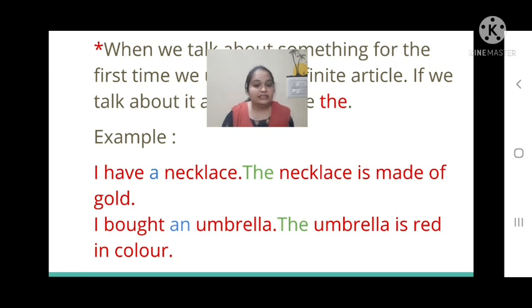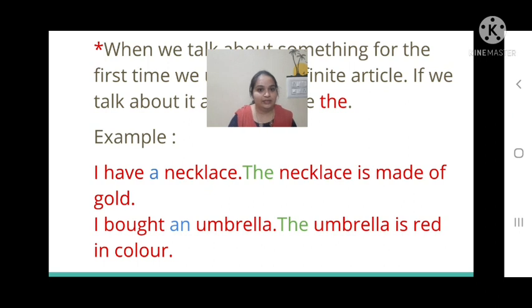So here, since the word necklace starts with the letter N and it sounds consonant, we have used a since it is talked about for the first time. But again, we have used the same word necklace. The necklace. It has become the necklace since we have used it for the second time.